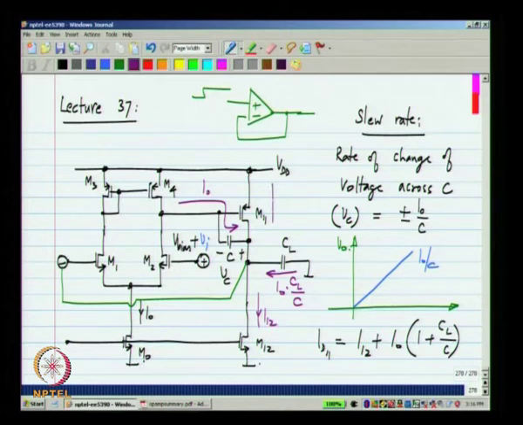So, the current through M11 will be I12 minus I naught times 1 plus CL by C. Now, is it possible for this to attain any value? Clearly not. In the quiescent condition, I12 is flowing through M11, and when we reduce Vi, I naught flows this way, I naught flows that way, and the output voltage will reduce.